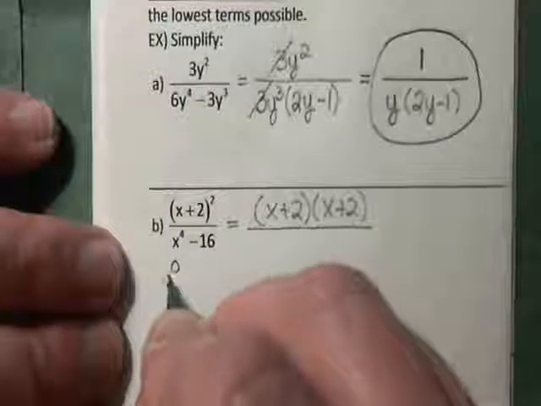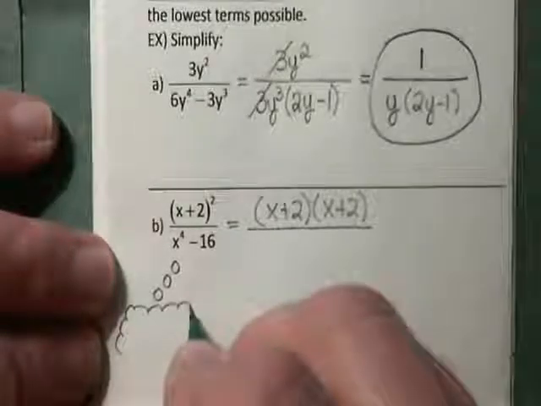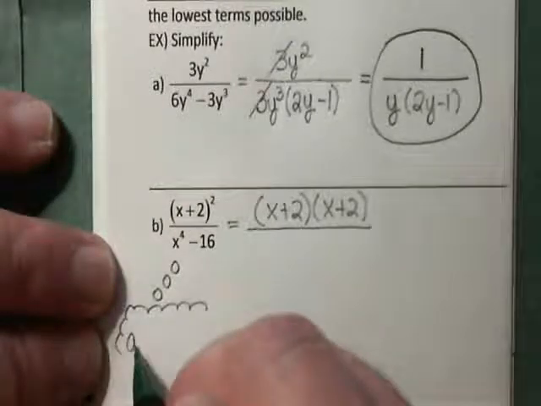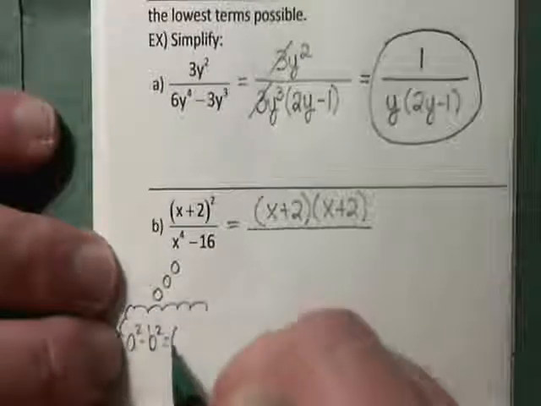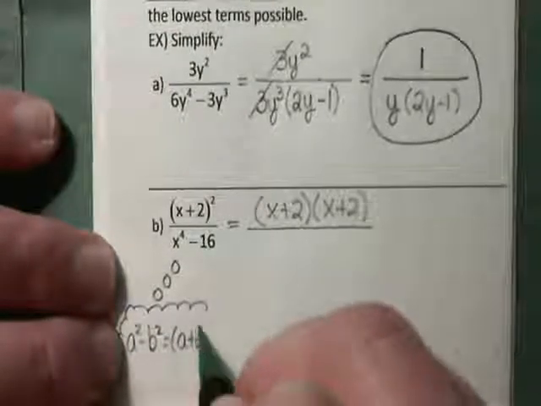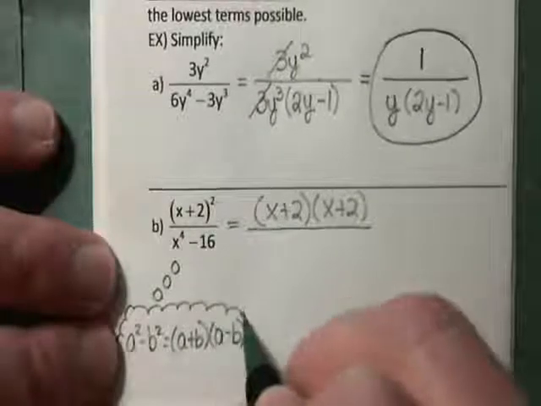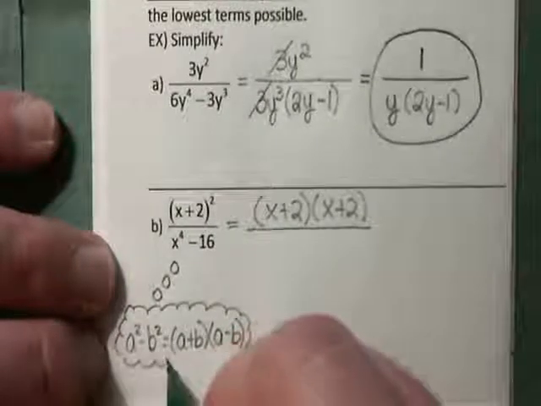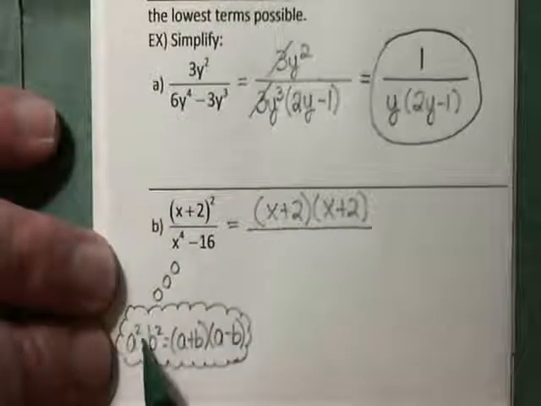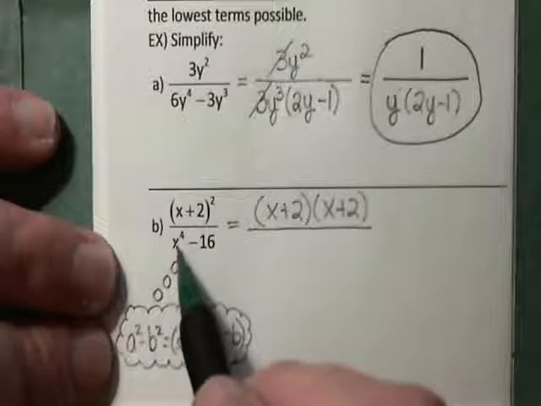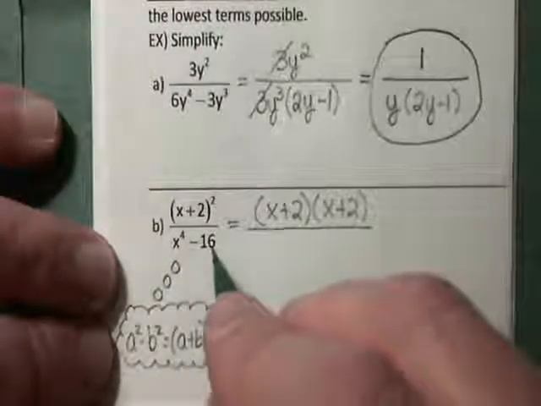So I'm going to remember that property or formula that says a squared minus b squared equals a plus b, a minus b. So basically in the back of my mind, I'm looking at this and I say, I can apply this rule, because this is a perfect square and so is this.